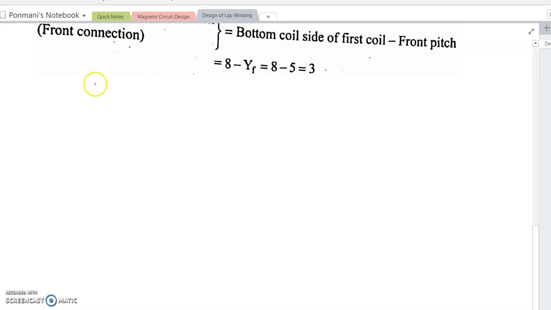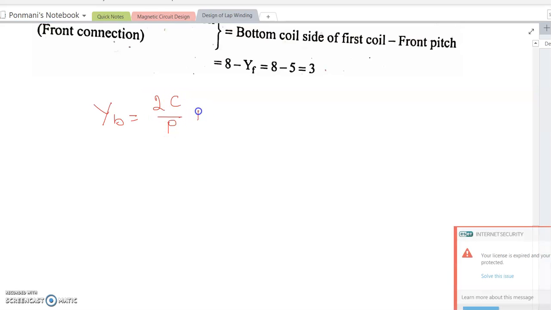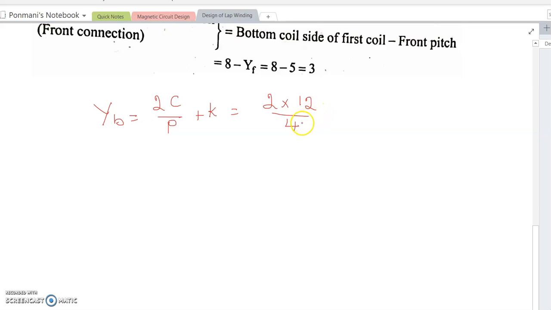So back pitch, we are calculating YB. The formula to calculate is 2C by P plus K. So 2 into the number of coils, here 12, and the number of poles is 4. So what you are getting is 24 by 4, so it is 6.